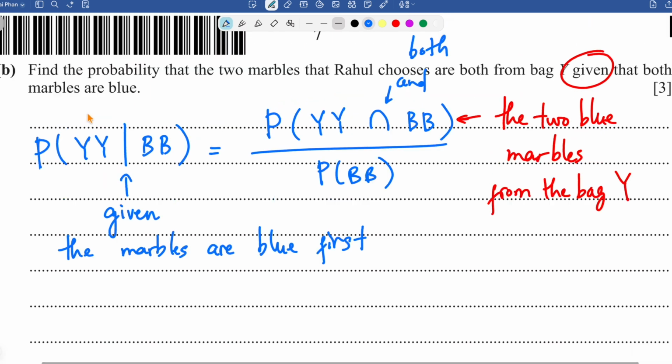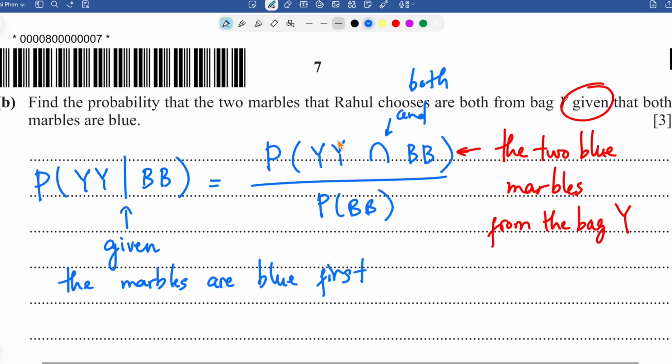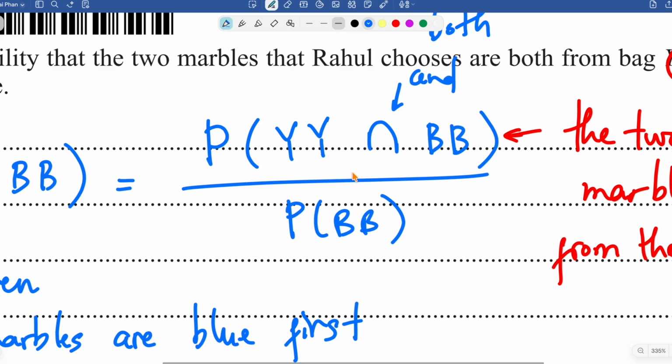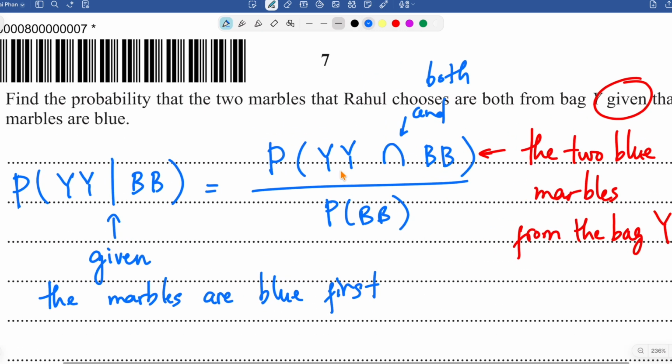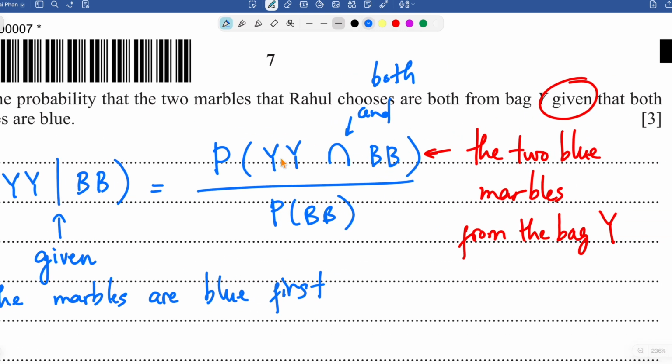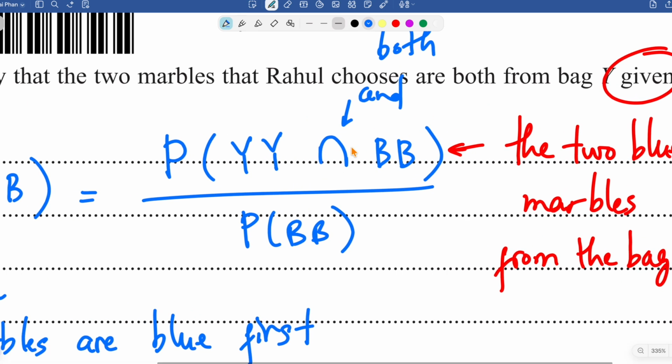So the probability that we need to find is given by the following formula. The probability of the balls taken from bag Y and they are blue.